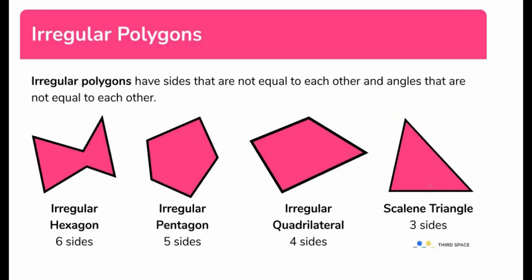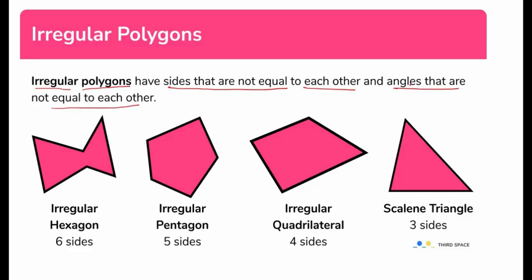Coming to irregular polygons. In regular polygons, sides of equal length and angles of equal size should be there. But in the word itself we get the meaning. Irregular polygons have sides that are not equal to each other and angles that are not equal to each other.